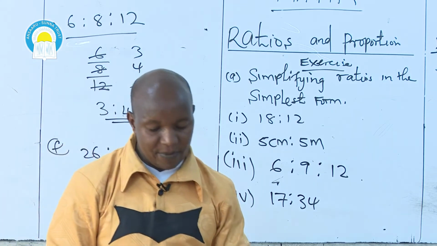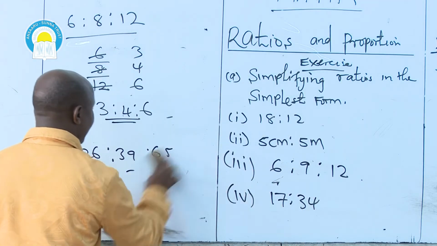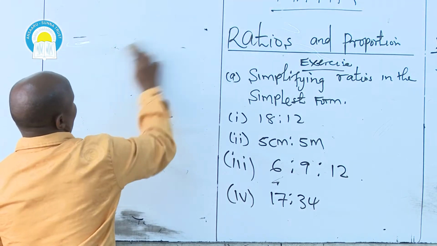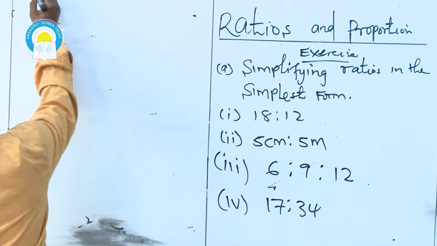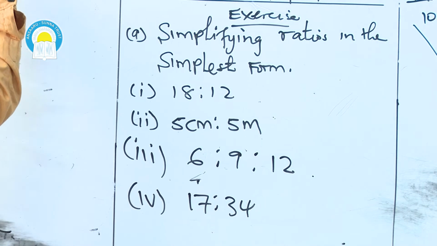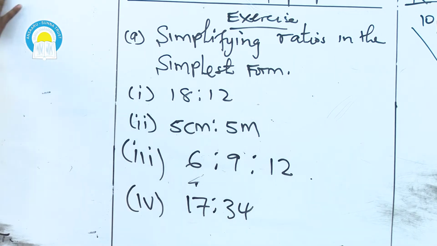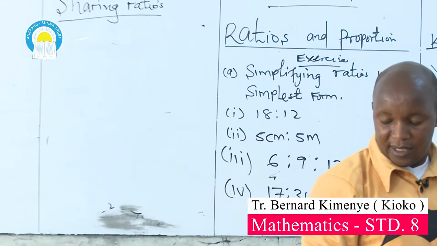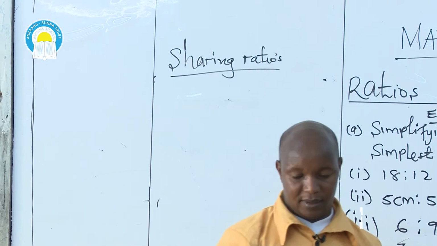Part 2 now, sharing ratios. Let me go to part 2, which is about sharing ratios. This is a very common area in this topic, which is very common in both internal and external exams.